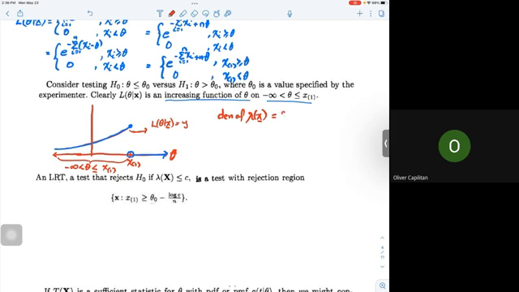In other words, the supremum of the likelihood function given our sample x over the entire parameter space.